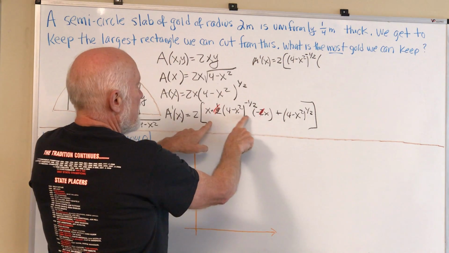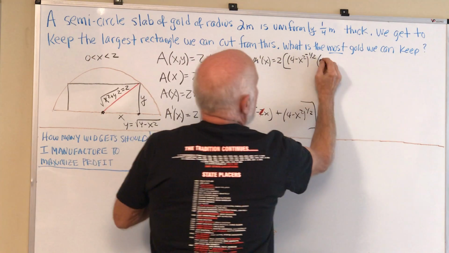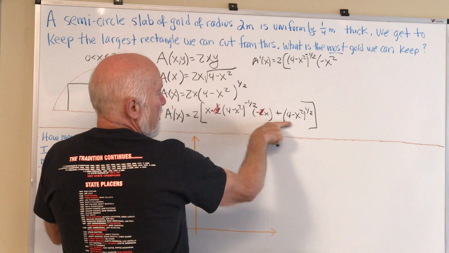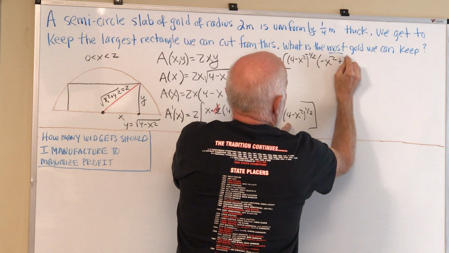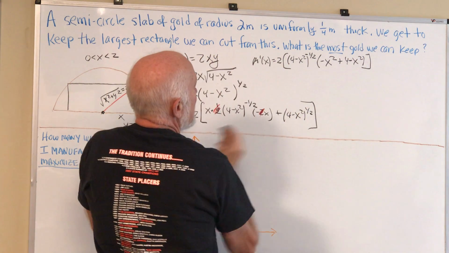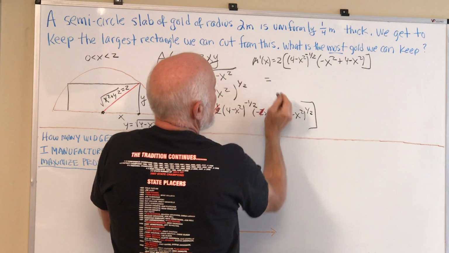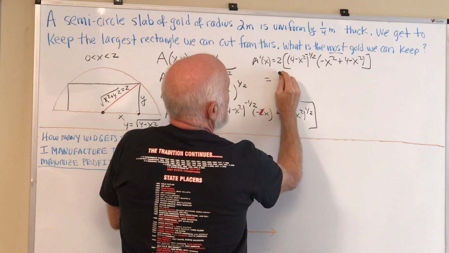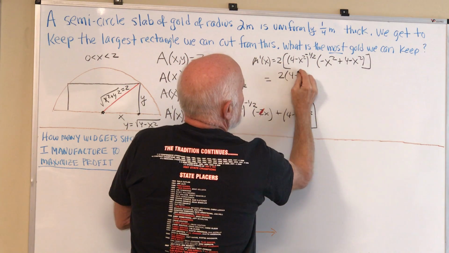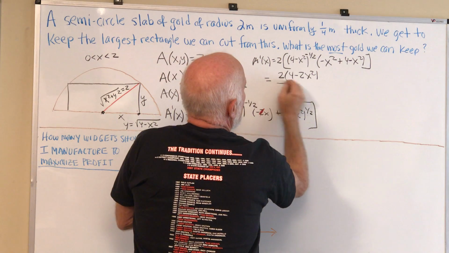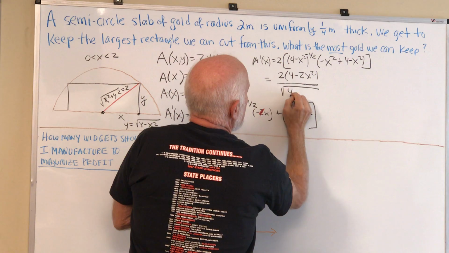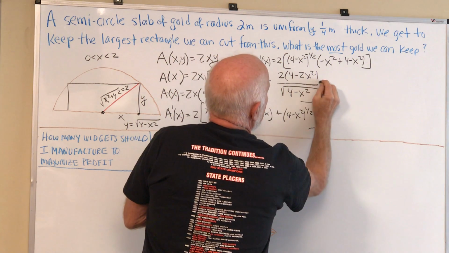So what do I have left? Negative x squared, and then plus this to the first power. And if I just write it in a little nicer way, I can go 2 times 4 minus 2x squared, getting rid of that negative exponent. I can write it like that.